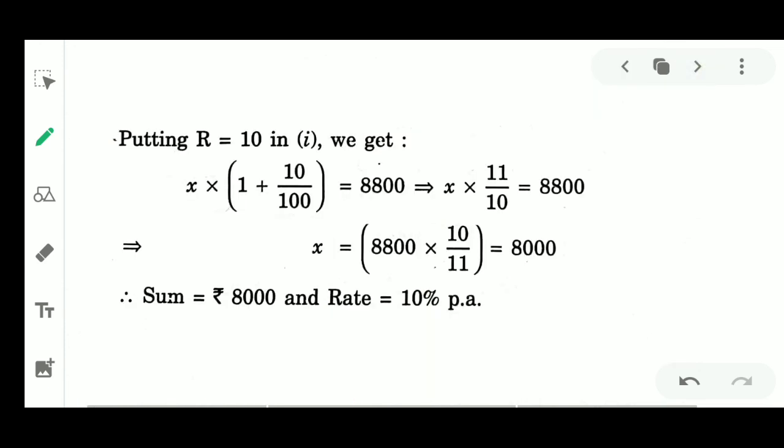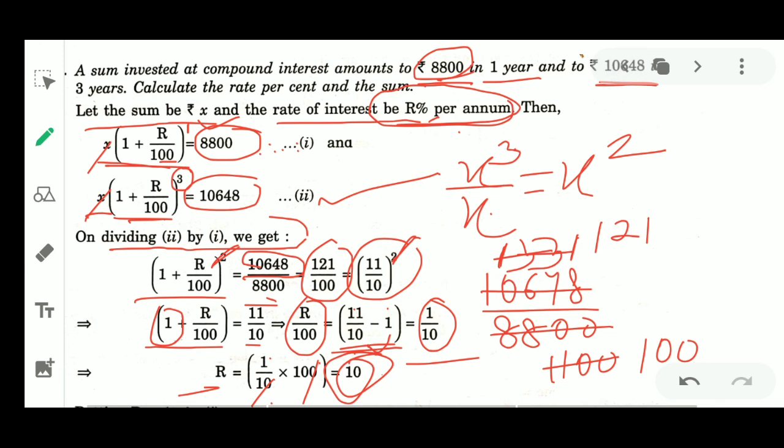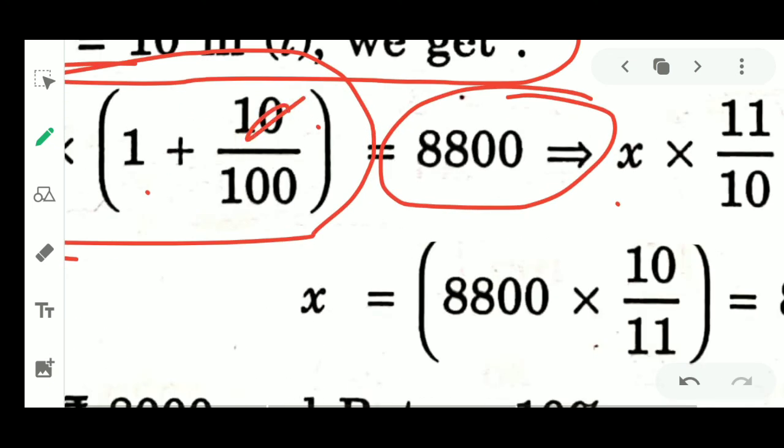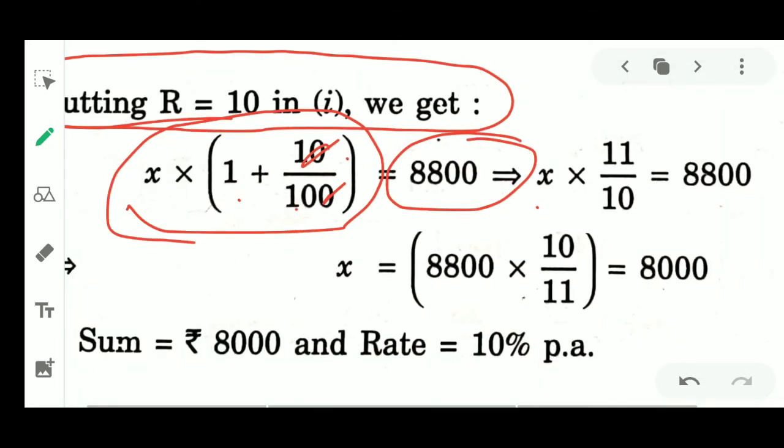Clear? Now putting the value of r in equation 1, you will get x into 1 plus 10 by 100. As you can see, equation 1 is x into 1 plus r by 100. So put the value of r, so that will be x into 1 plus 10 by 100 equal to 8,800, that is given. Here the zeros will be cancelled, so 10 into 1 is 10, plus 1, that will be 11 by 100 after simplifying.